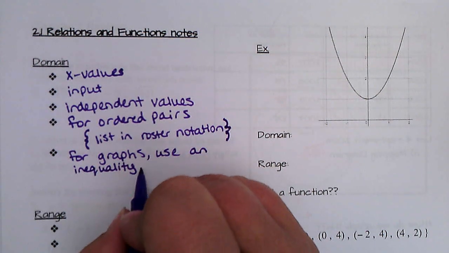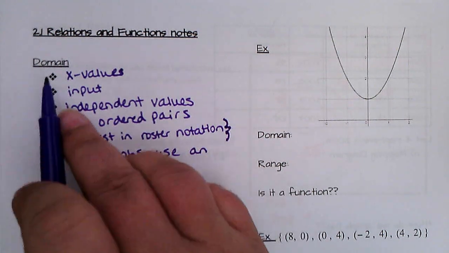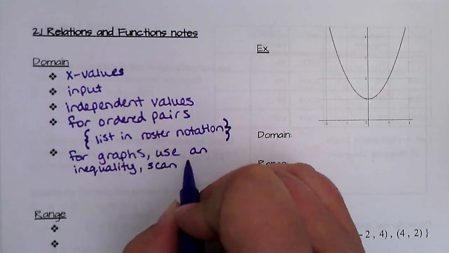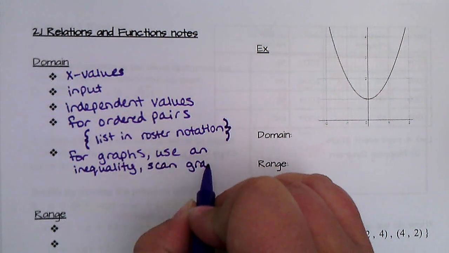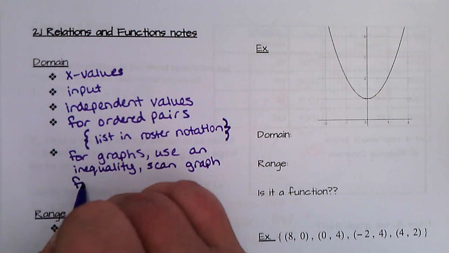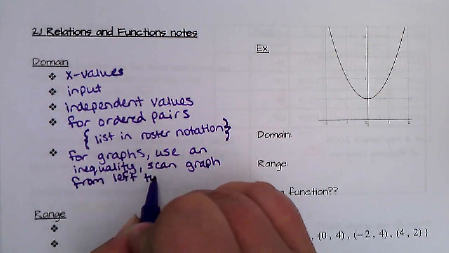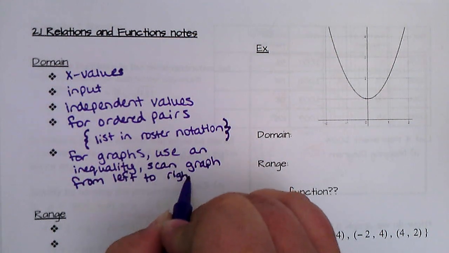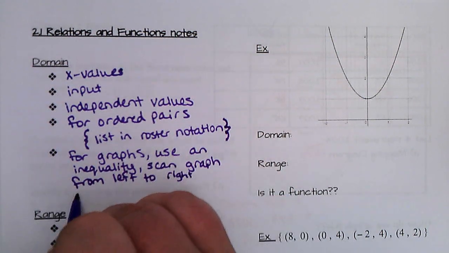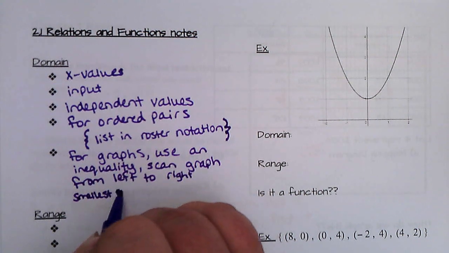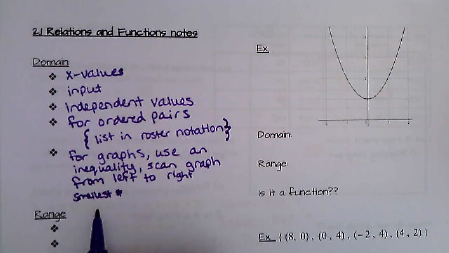And this is very important. When you're using an inequality for domain, which is your x values, you need to scan your graph from left to right. And it will look like this. It will be the smallest number, and also sometimes that's negative infinity if your graph goes on forever.